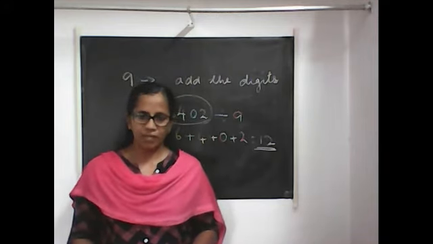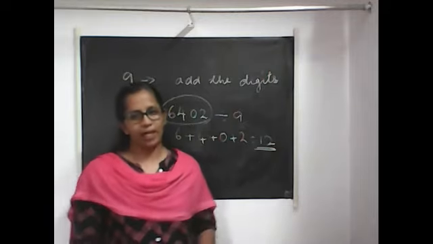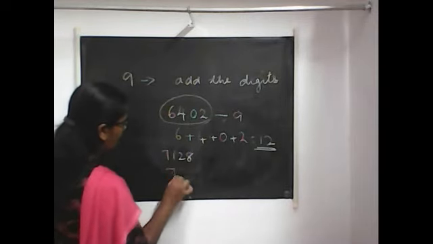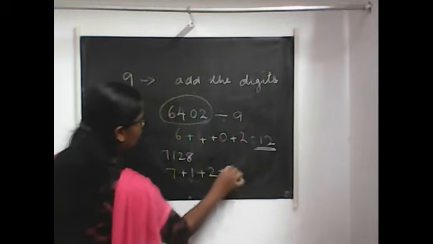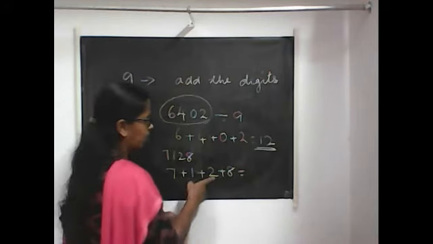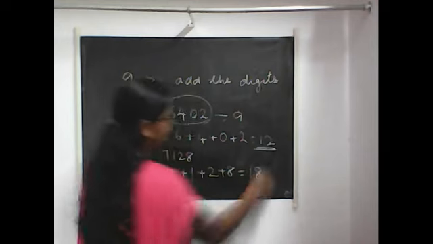In order to be divisible by 9, the sum we get must also be divisible by 9. Let us take one more example: 7128. Add the digits. First step, 7 plus 1 plus 2 plus 8. 7 plus 1 is 8. 8 plus 2 is 10. 10 plus 8 is 18.